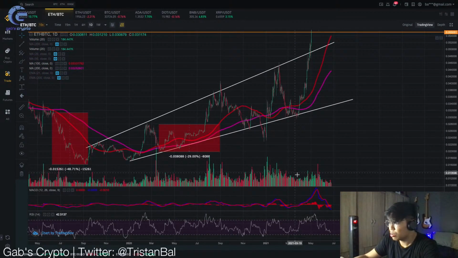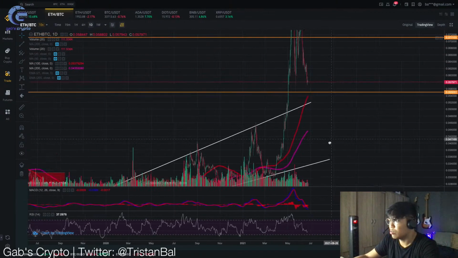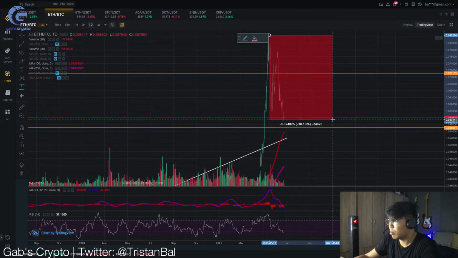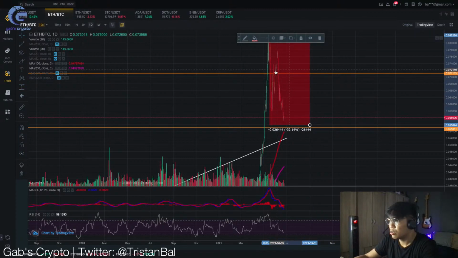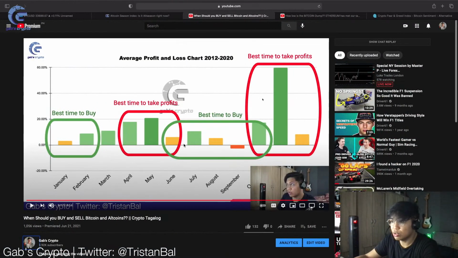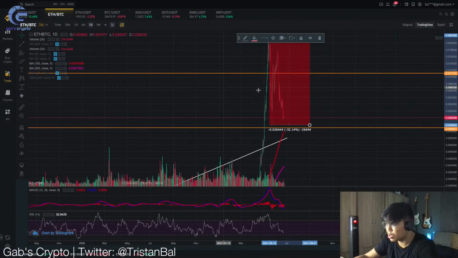And then let's try to look at another one. Siguro yung latest na ngayon, which is ito na. So this is already June to September. So September would likely end at this area. So this would validate our data na sinasabi na yung June to September are the months with the lowest returns.